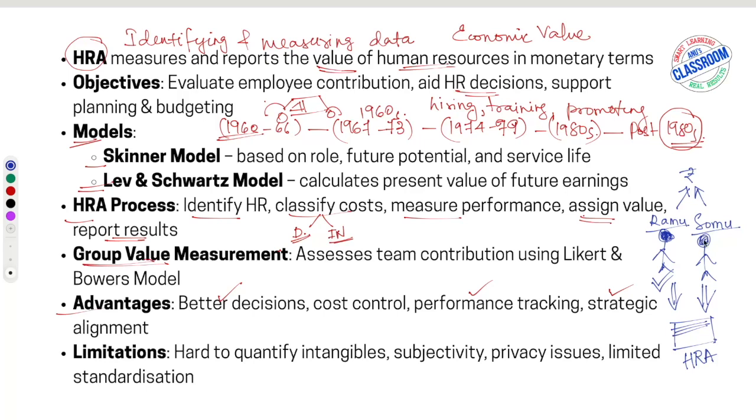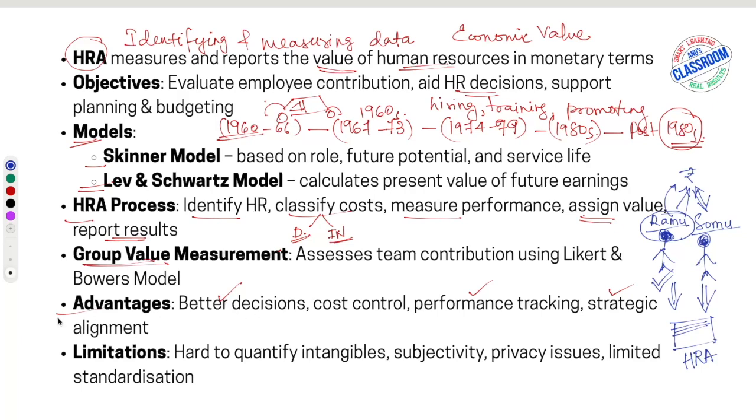But when a decision comes, who should you retain? Who gives you more value? Ramu. For every rupee spent on Ramu and Somu, Ramu is giving you more returns than Somu, right? Yeah, so that is why many top Indian firms are now paying serious attention to these HRA insights as well.